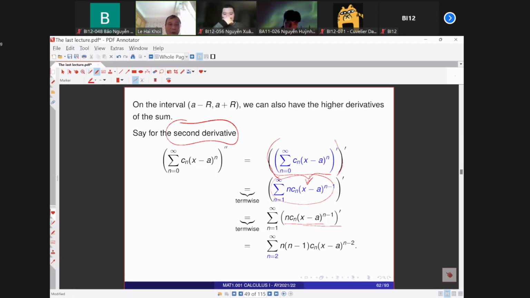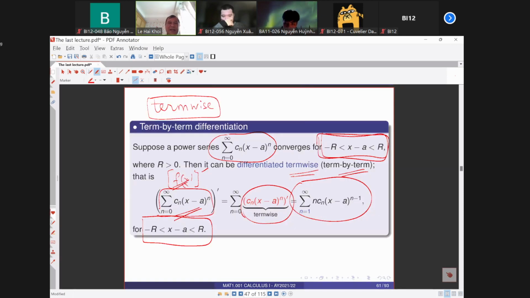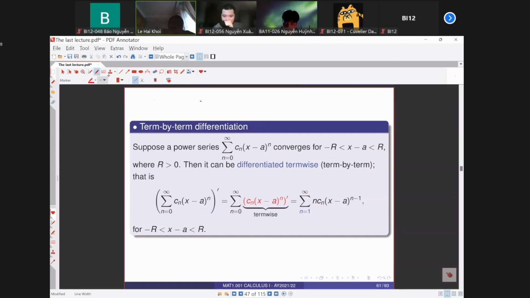Which means when you want to differentiate this, you take the sum of Cn (x minus a) to the power n, the derivative. But pay attention, when you differentiate the first derivative you want to find, then pay attention, right?